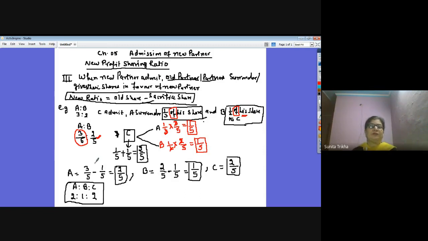This is how to calculate when the old partner surrenders or gives their shares in favor of new partners.